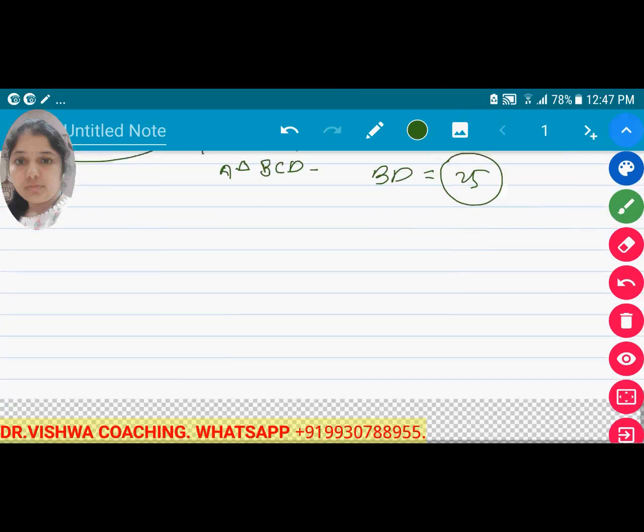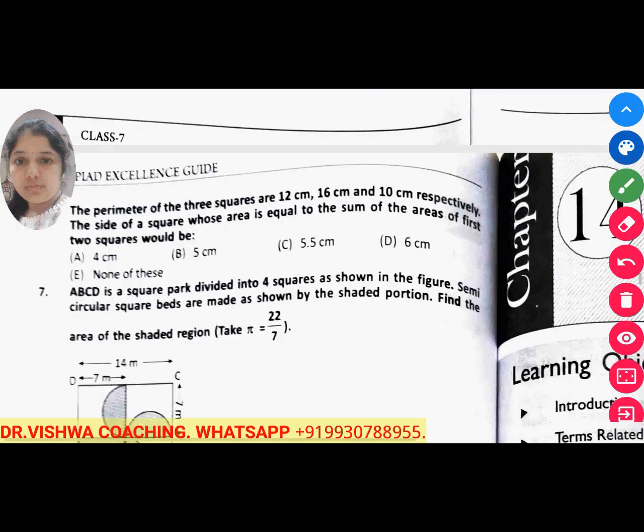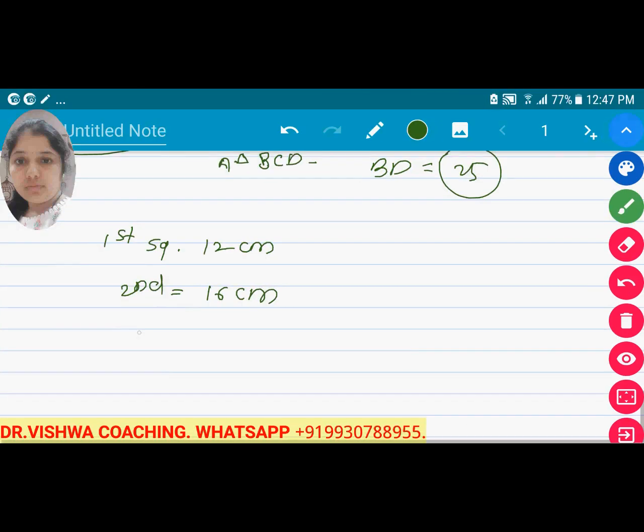The first square's perimeter is 12 centimeter, the second square's perimeter is 16 centimeter, and the third square's perimeter is 10 centimeter.